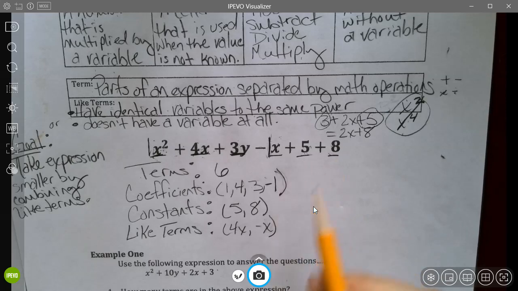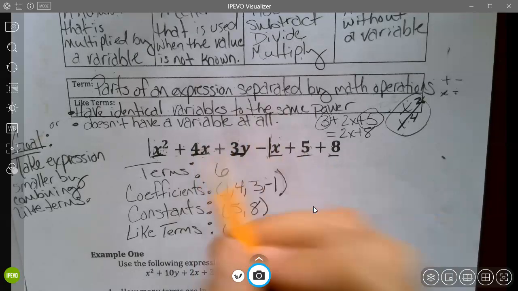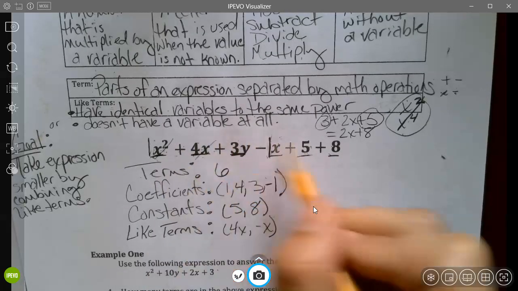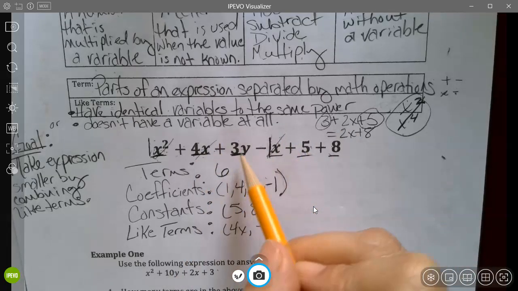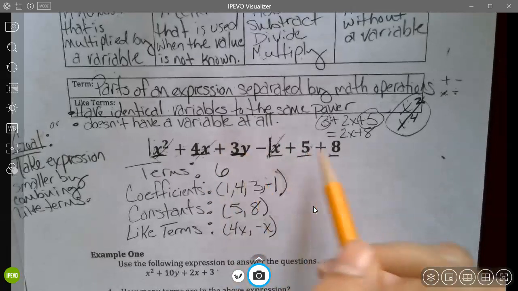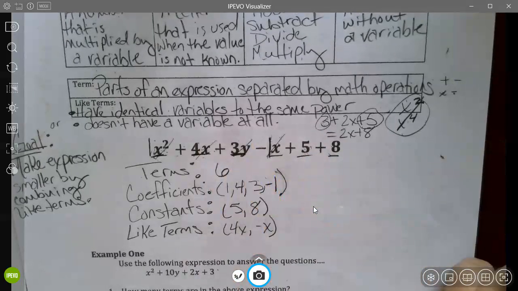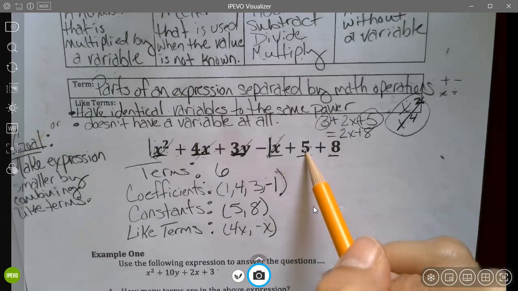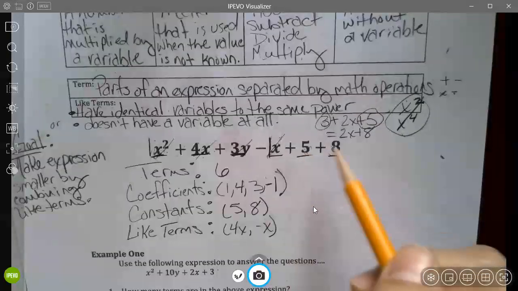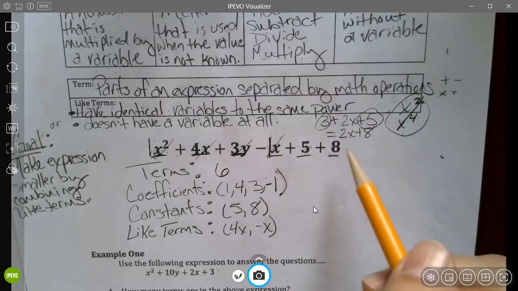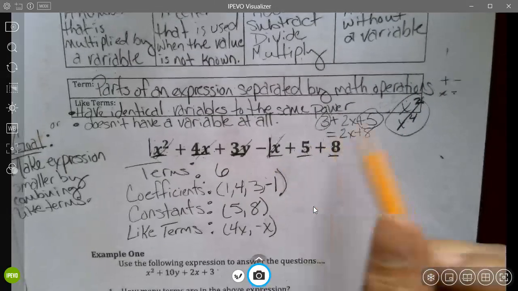And are there any other like terms? Well, I looked at this and I looked at this. These are. Now look at y. Do I have another y to the first power? Nope. He doesn't have a like term. Can a constant, remember constant doesn't have a variable, can they be like terms?